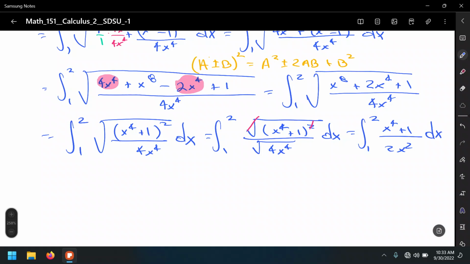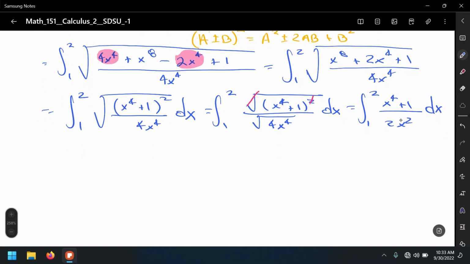And what are we going to get here? We can split this fraction as the integral from 1 to 2 of x to the 4th over 2x squared plus 1 over 2x squared with respect to x.